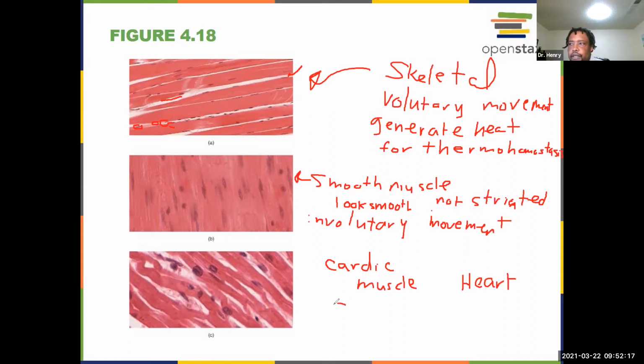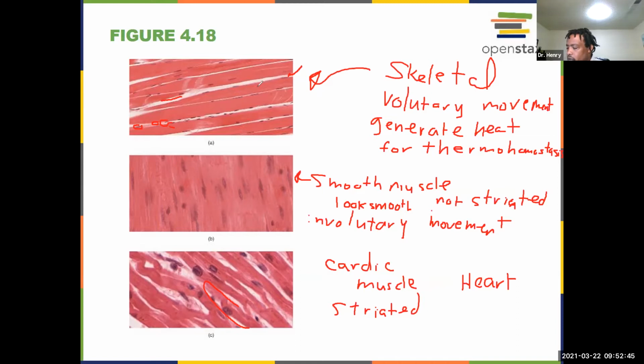But it's also striated. These are going to be short striated cells, shorter compared to these long fibrous structures.